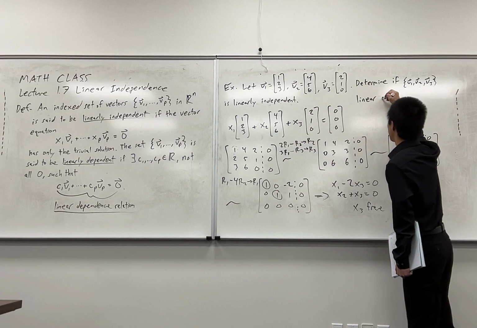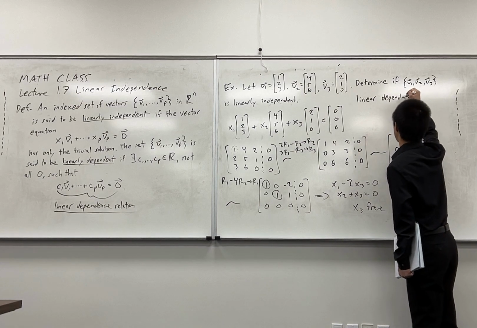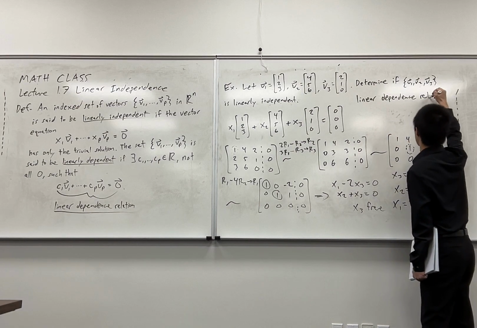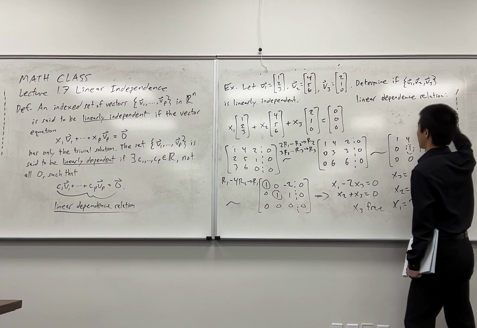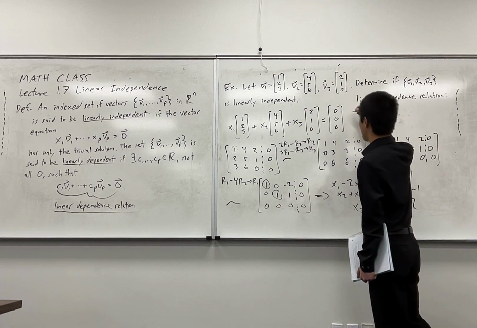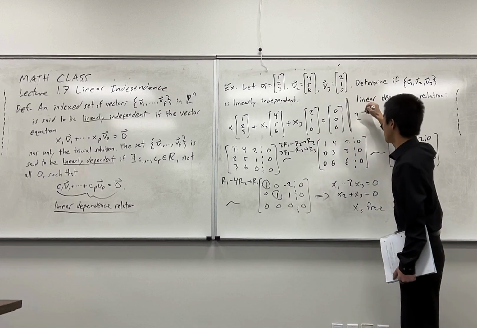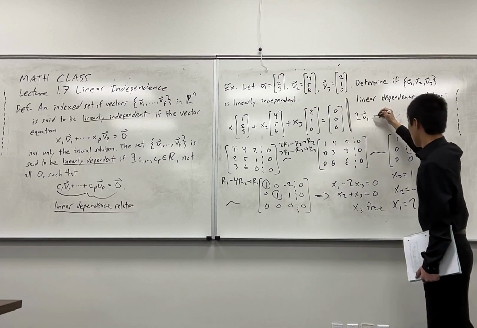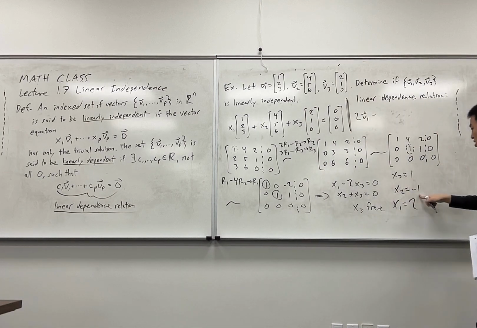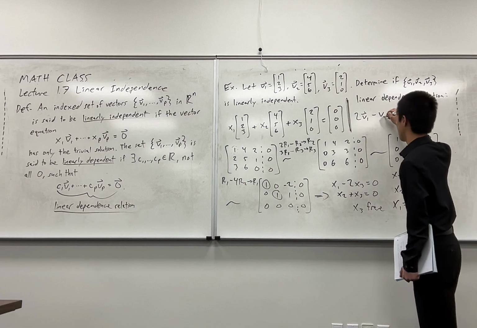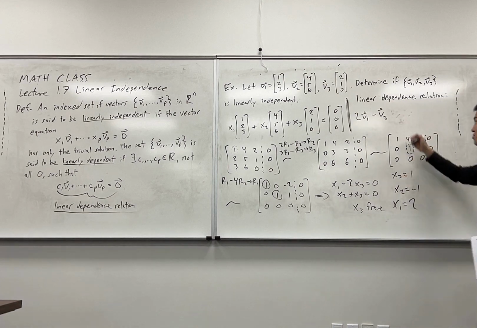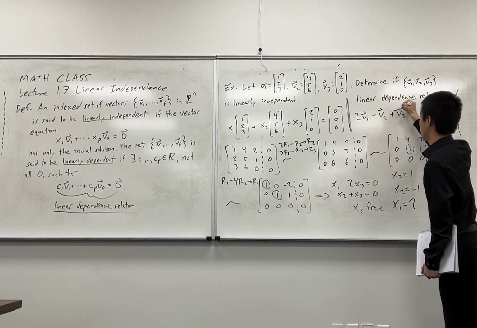So one such linear dependence relation is if I take the x1 value of 2 multiplied by v1, minus 1, because it's x2, times v2, and then x3 was 1, so plus v3.